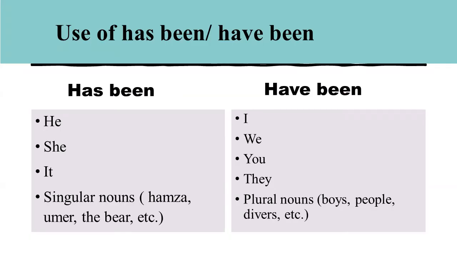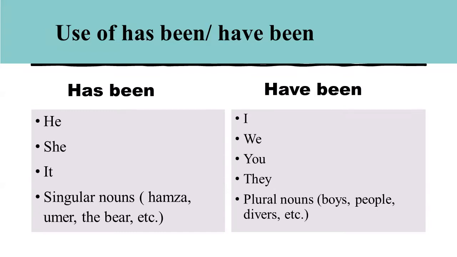Now, you can ask me again where to use has been and where to use have been. As we dealt with has and have, has been and have been also have the same rules. With the pronouns he, she, it and singular nouns, for example, Hamza, Umar, the bear, etc., at the subject position, we use the auxiliary verb has been.